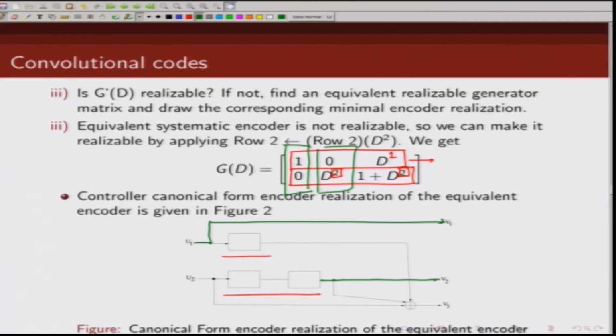And the third output is D times U1(D), which is this one, and 1 times U2(D) and D square times U2(D). So, that is this. This is our third output.